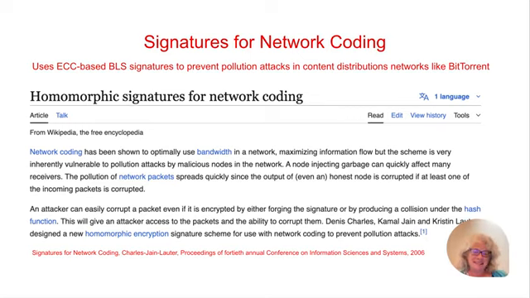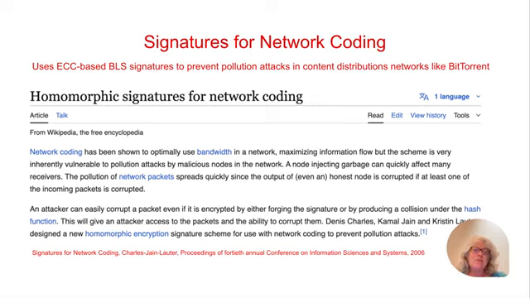We can insist on packets being valid. They need to have valid signatures, and the nice thing about the BLS signatures is that because they're homomorphic, they can be recombined, and they fit very well with the homomorphic property that is necessary for network coding.